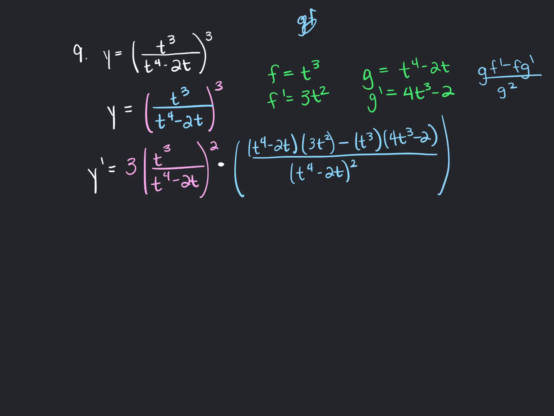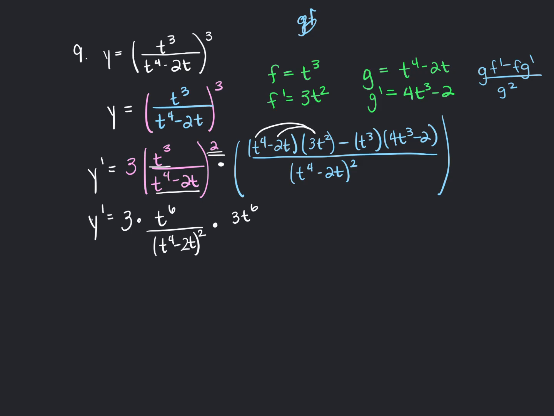Okay. This one, there's a lot of cleaning up we can do. So first, I have y prime equals 3 times t to the third power squared, which is t to the sixth power, over t to the fourth minus 2t squared, times, in my numerator, let's distribute. So t to the fourth times 3t squared is 3t to the sixth.